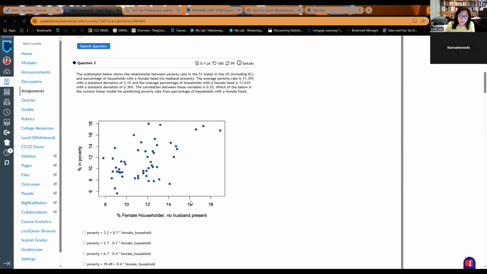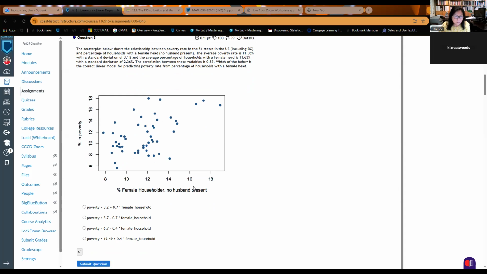So it looks like if the percent of female households is higher, poverty is higher, staying on the right side here. If you look at 18% female household states, their poverty percent is higher, higher than 16%, close to 18%. There are 3 points here. So we can think of some slope going up there. Keep this in mind.